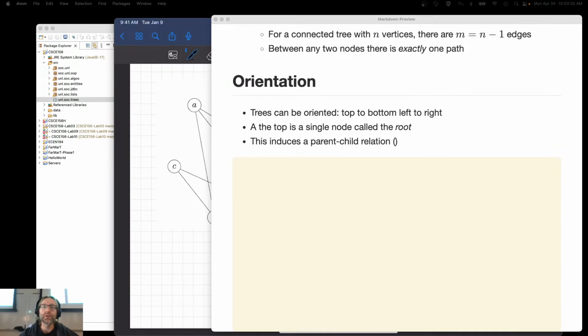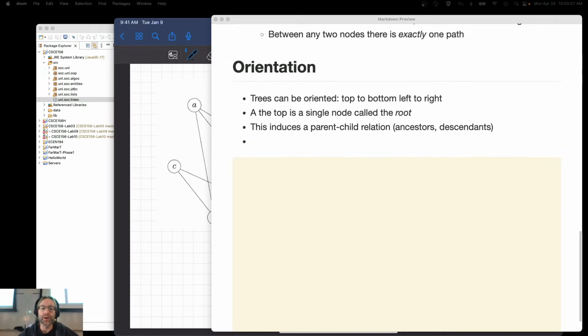And you can also talk about ancestors and descendants. You can also use things like cousins and uncles and nephews, grandparents, grandchildren. You can use all of the terminology that you would have from a family tree when you're talking about our trees, right?